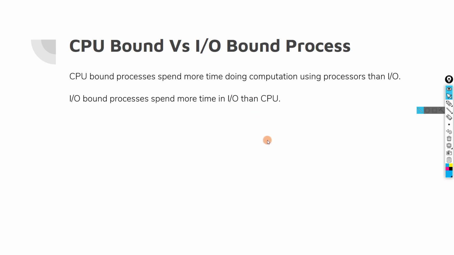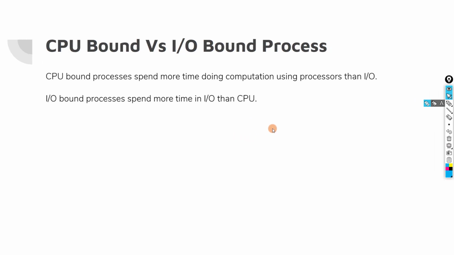So the goal of the operating system is to optimize the resources of the computer system. To optimize the resources of the computer system, the operating system should choose a specific amount of CPU bound processes and a specific amount of IO bound processes. So who actually does this?